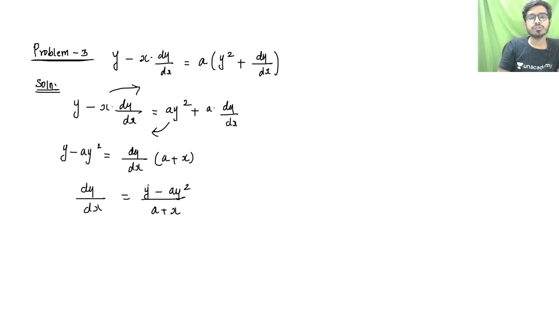Now what you need to do is separate this into the form capital X into capital Y, where capital X is 1 by a plus x and capital Y is y minus a y square. Now you separate this. So we will have dy divided by y minus a y square is equal to dx divided by x plus a. So integrate this.